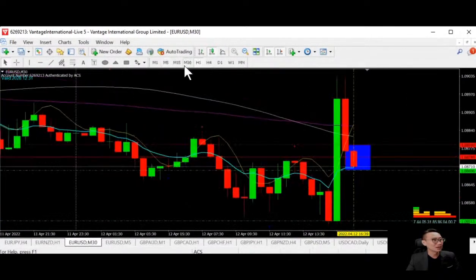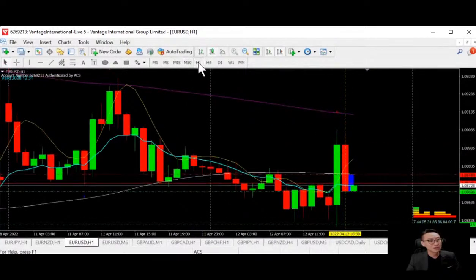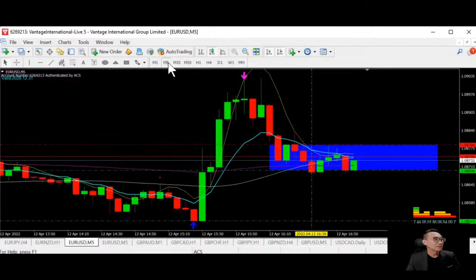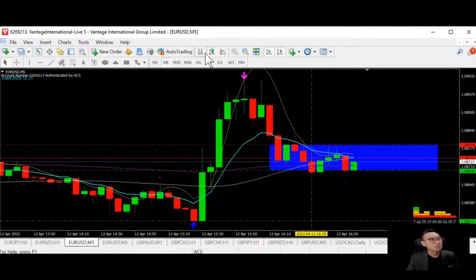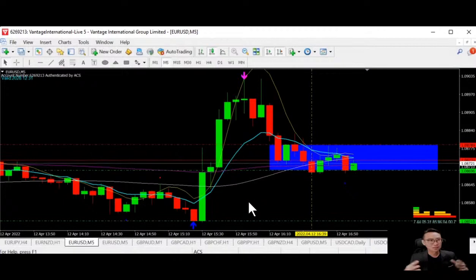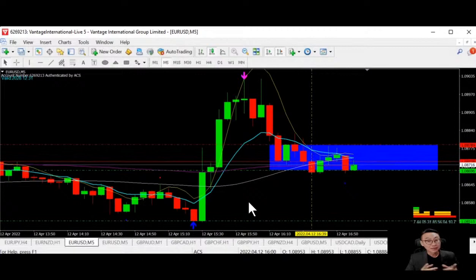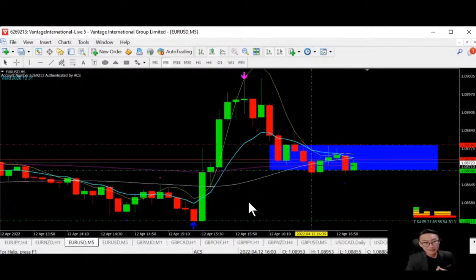So let's take a look at H1. H1 is building up a support now. Let's see in M5. M5 just started, just 10 or 20 seconds ago. Right now we are still on the support. But when we are on the support, the candle opens below the purple line, below the white lines, below the aqua line, the RML line, all the lines.